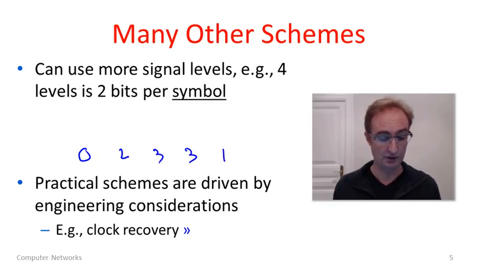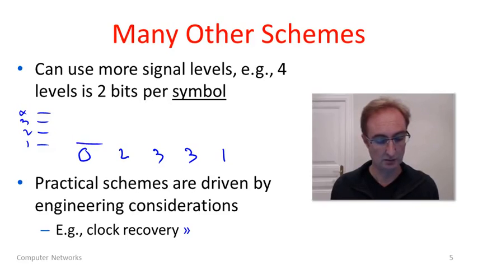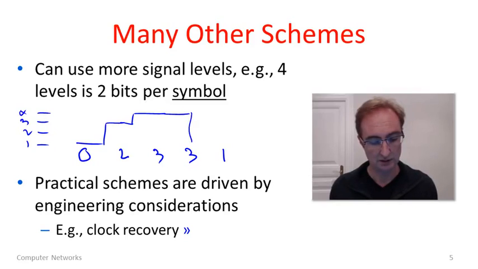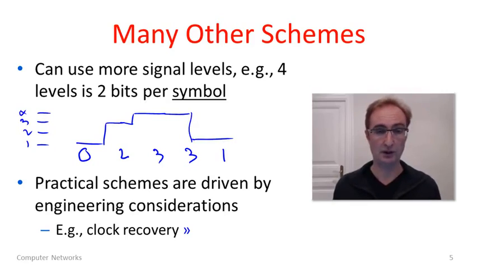If I use 4 signal levels, it would look something like this. This will be level 1, 2, 3, and 4 to represent a 0 through 3. So I'll start low, then I will go up 2 levels, then I will go to the top level, and down to not quite the lowest level. There we are. That would be using 4 levels.